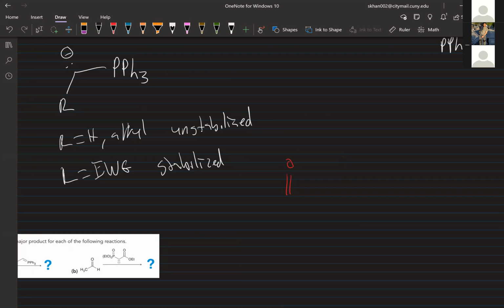So if your Wittig is something like PH3, a good way I always look at how to get the product is to cut this in half, and whatever the rest of this is replaces that oxygen. So here I have technically CH2. So the product, whatever the rest of these R groups might be, would now be an alkene with R groups here, and in this case it's just CH2, so you could just leave it like that.